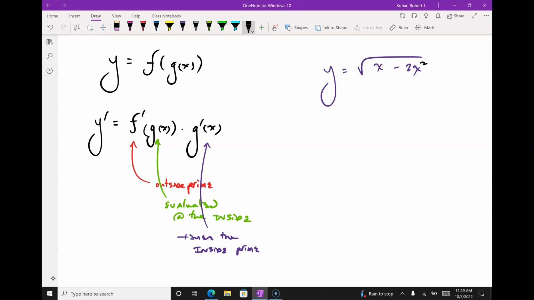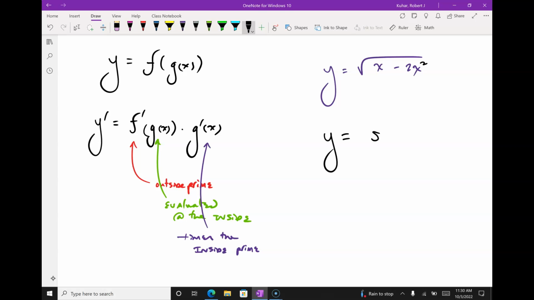Square root. So I've got a square root function with something kind of crazy inside now. And what's the inside function? It's clearly what's inside: x minus 2x squared. So sometimes it's easy, sometimes it's not.